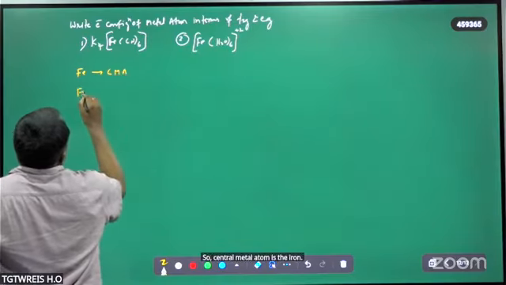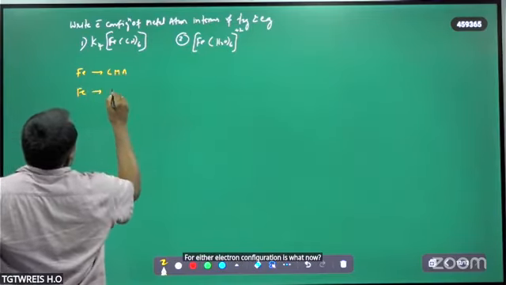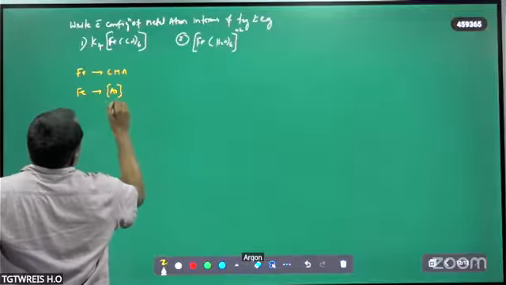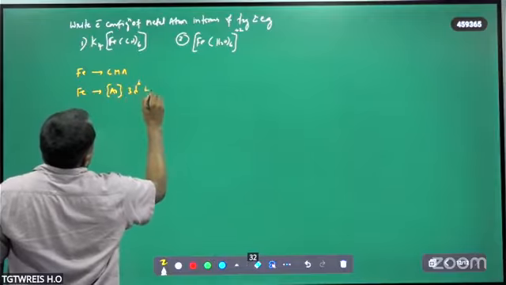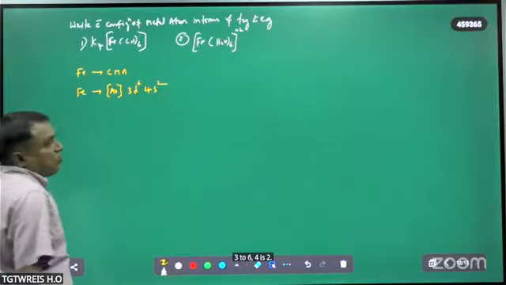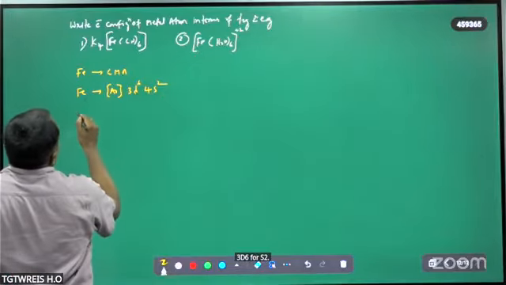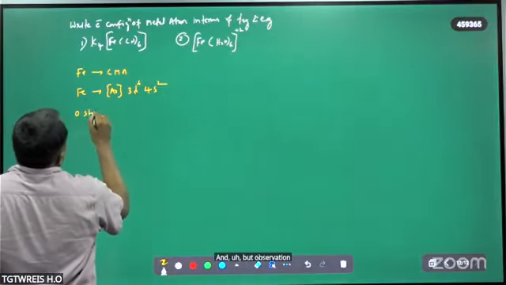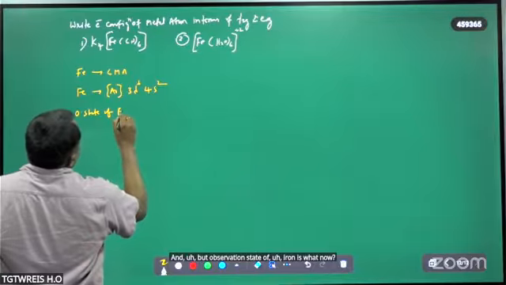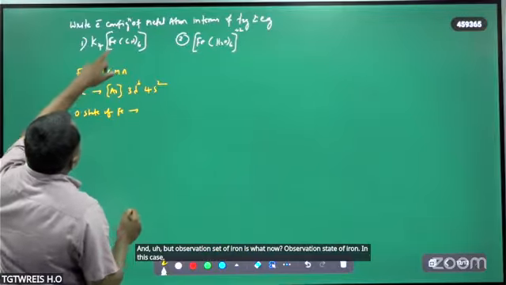So what is the iron electron configuration? Argon 3d6 4s2. But what is the oxidation state of iron in this case? You consider this as x.